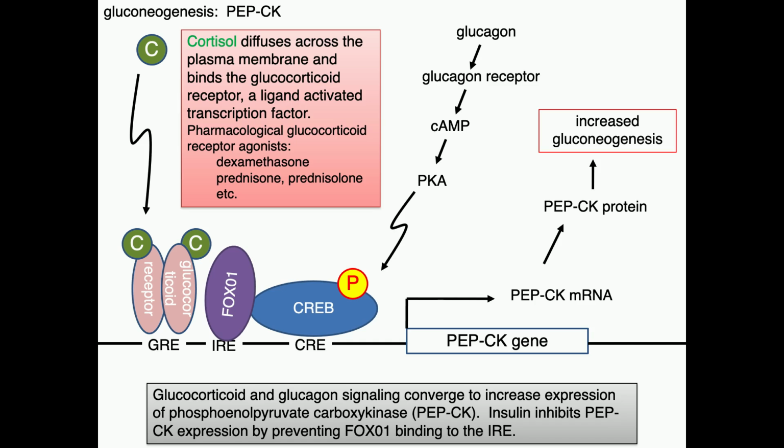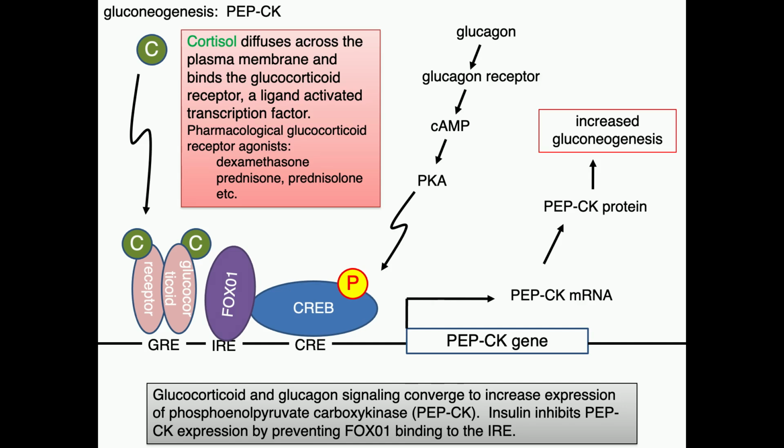And then once it's inside the cell, it binds to the glucocorticoid receptor. And the glucocorticoid receptor, once it's bound to the cortisol, acts as a transcription factor. So it actually binds directly to DNA in these glucocorticoid response element sequences. That then helps to recruit the RNA polymerase II, and you get expression of the PEP-CK gene and translation into the protein, and then increased gluconeogenesis.